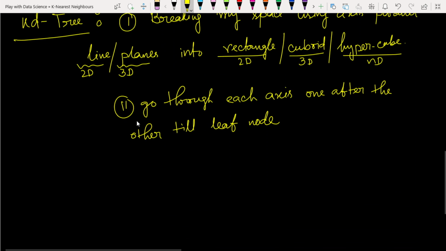In the second step, we change the axis. If we consider the x1 axis, then in the next step we consider x2, then x3 up to xn. Again we start the partition from x1. We just keep doing this job.